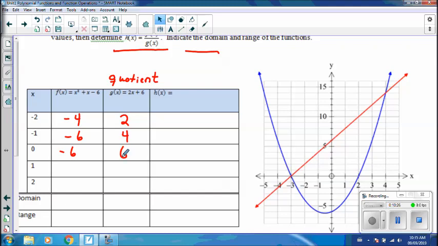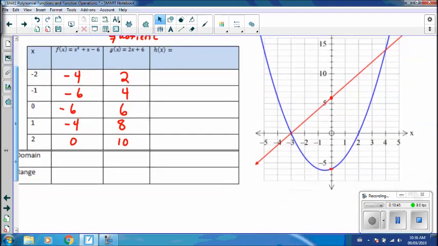So again, I'm just reading them off of the graph. So the one I just did, 0, -6 down here, +6 up there. That's all I'm doing, just filling this in quickly to save us some time. And this is 8, 0, and 10.